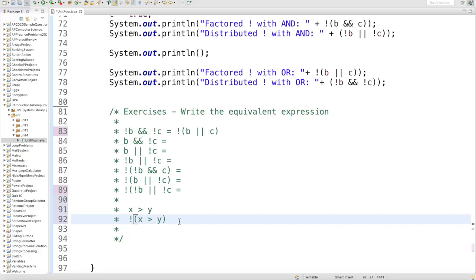Well, people would think, oh, I know what it is. It's not X. And then they get to this point and they go not greater than and not Y. This doesn't make any sense. This is nonsense. Okay? This does not exist.